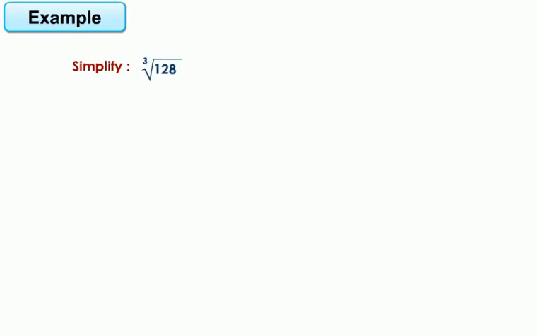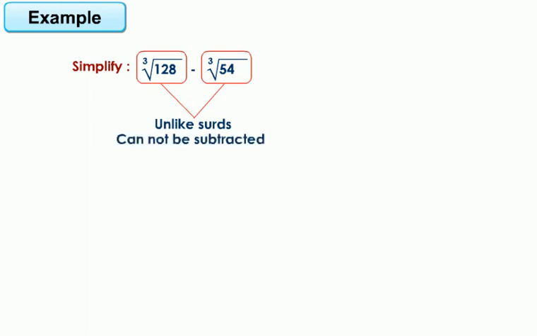Students, look at this example. It says simplify. Here we have to simplify the cube root 128 minus the cube root 54. Here, cube root 128 and cube root 54 are unlike surds, hence cannot be subtracted. So let us first change them into like surds.